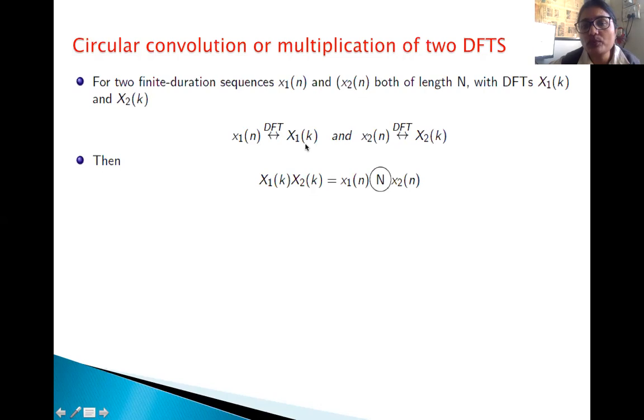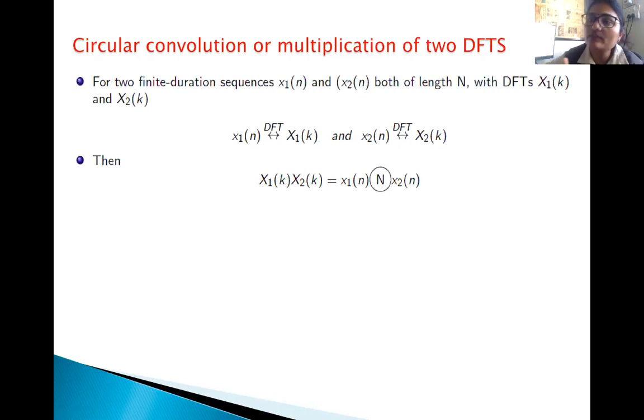Now, what we want to perform is the multiplication of two DFTs, which is what I have written in the property. That is nothing but X1 of k multiplied by X2 of k, and this is equal to circular convolution. You have studied two types of convolution.